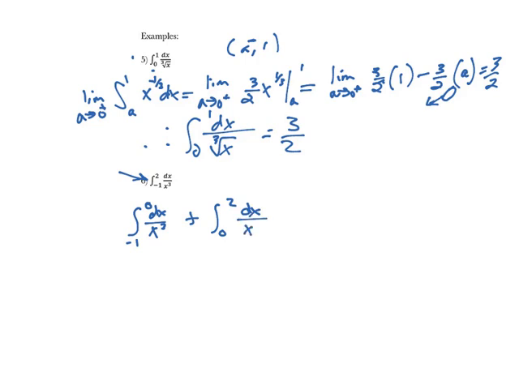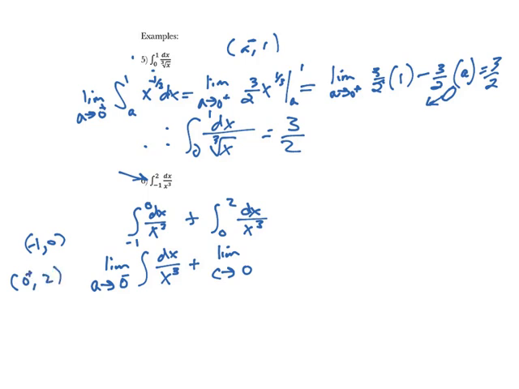That means I'm going to have to do two different limits. The limit as a approaches 0 from the left of the integral from negative 1 to a of dx over x cubed, plus the limit as c approaches 0 from the right of the integral from c to 2 of dx over x cubed.